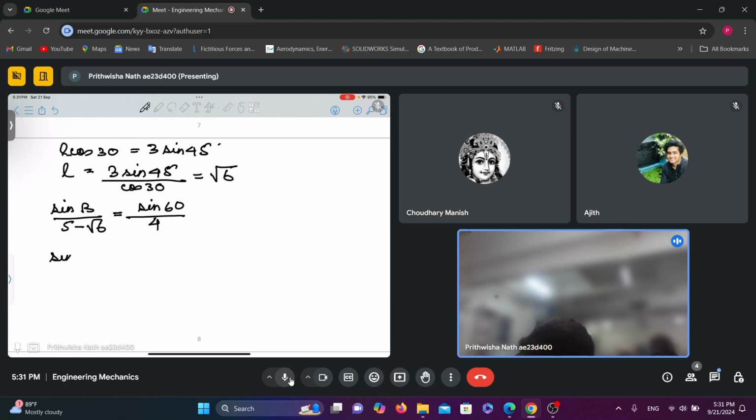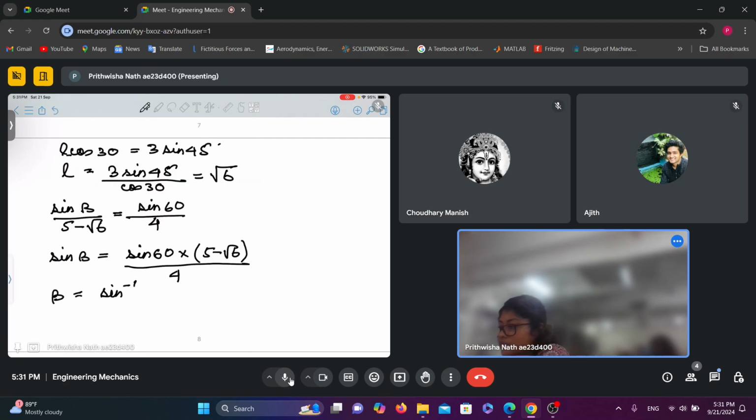So sine beta equals sine 60 into 5 minus root 6 divided by 4. So beta is sine inverse of sine 60 into 5 minus root 6 divided by 4.